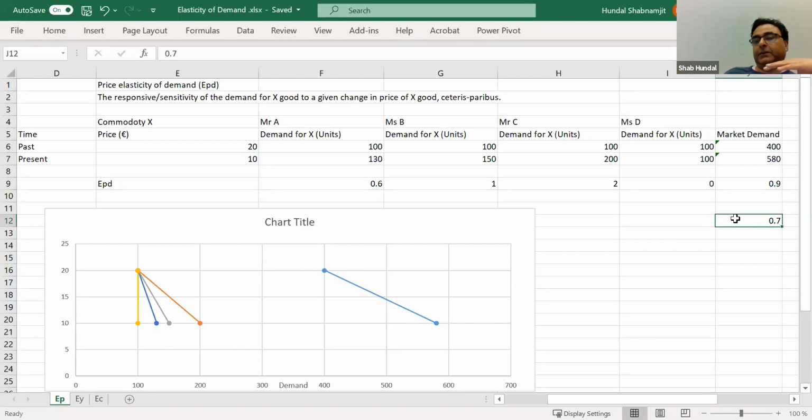But as a rule of thumb, if the elasticity of demand is 0.7, then I should be very careful in reducing the price, because even by reducing the price, I will not be able to increase my demand. On the contrary, I should consider increasing the price, because if I increase the price, the demand will not shrink too much. But then I have to face the music of the regulators.